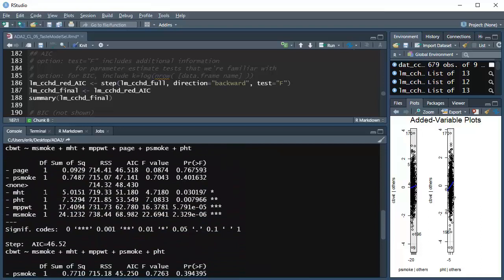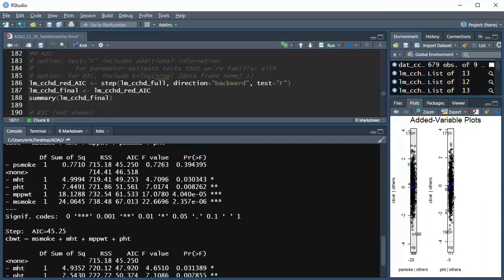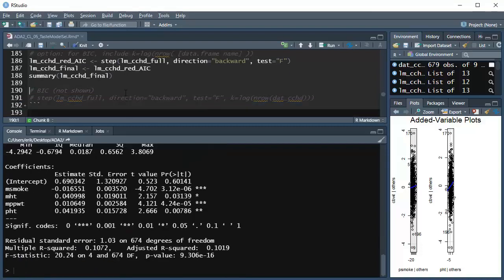Father's age and father's smoking. And we end up with a model that has mother's smoking, mother's height, mother's pre-pregnancy weight, and father's height. That is the same model that we had before.